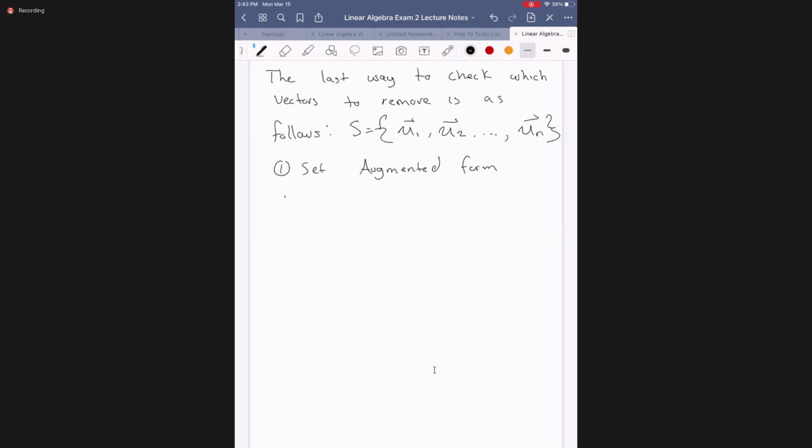So you have U1, U2, all the way to Un. So you have a matrix whose columns are U1, U2, U3, right? If you RREF it, and let's say you got 1, 0, 0, 0, and you keep going, and then let's say this is part of it, right?